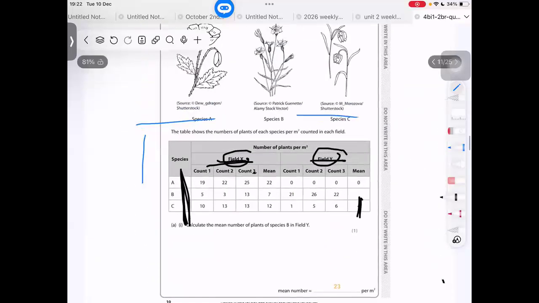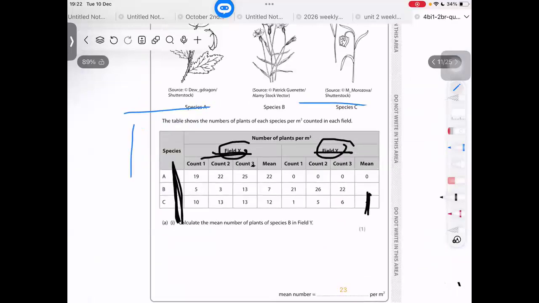And then you can see, if you take the values, if you take the species B over here and over here, that means the number of B individuals in field X is low, but the number of B individuals in field Y is high, right?